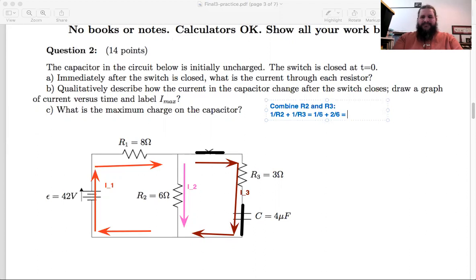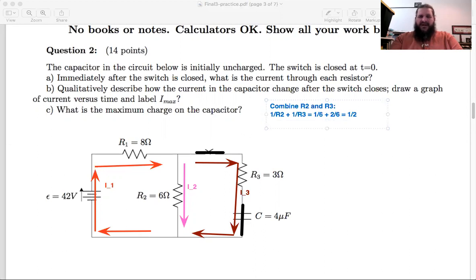So what do we get there? One over 6 plus 2 over 6 would be 3 over 6, which is 1/2.